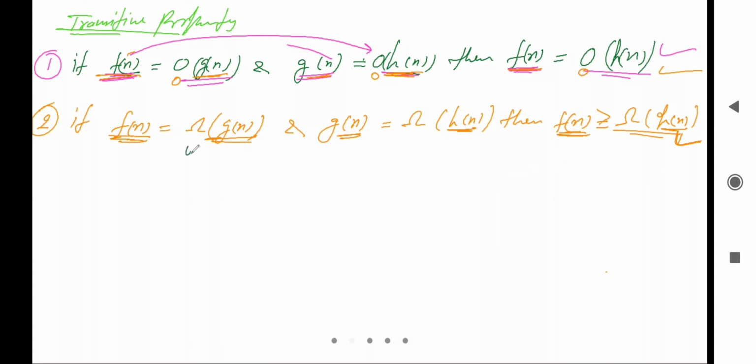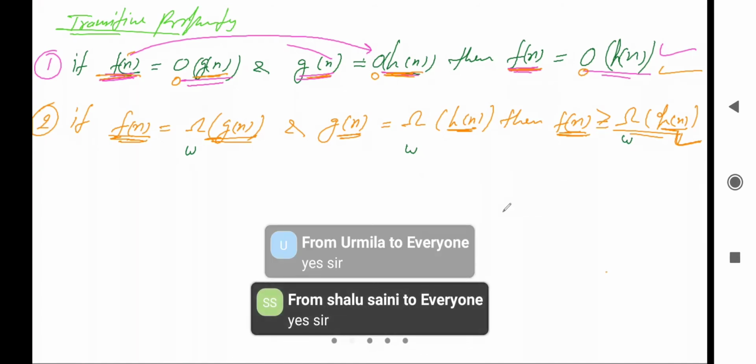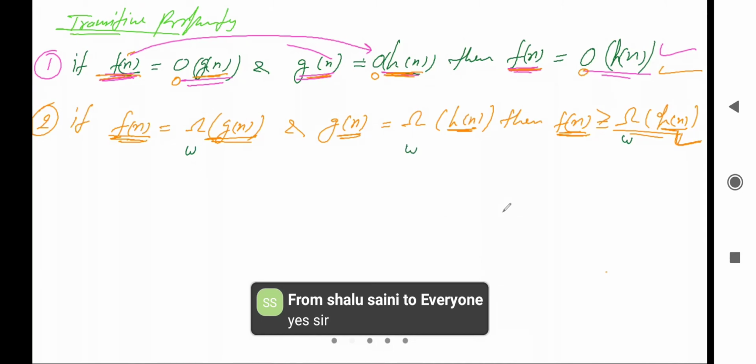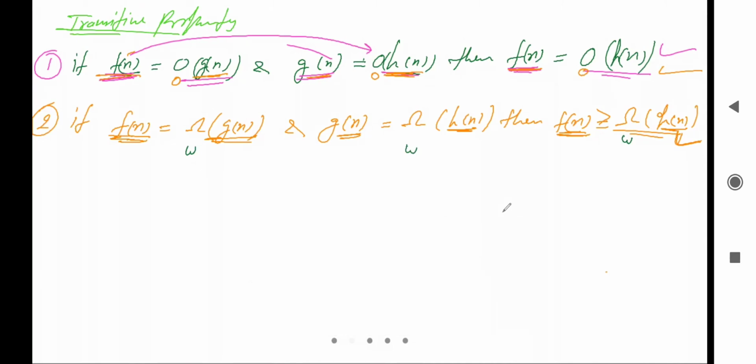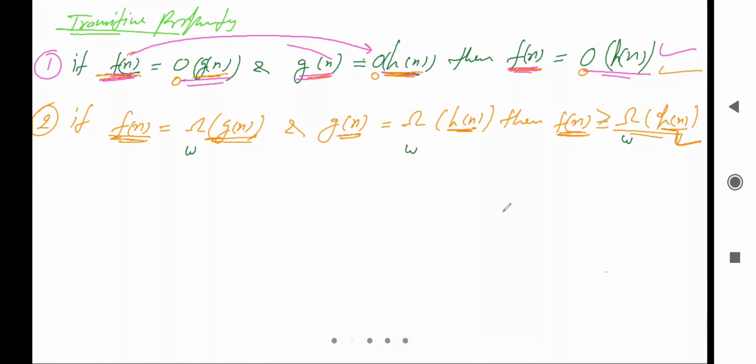Small omega, will it satisfy the transitive property? Yes, in case of small omega. Okay. Yes. So in case of small omega also it will satisfy the transitive property.